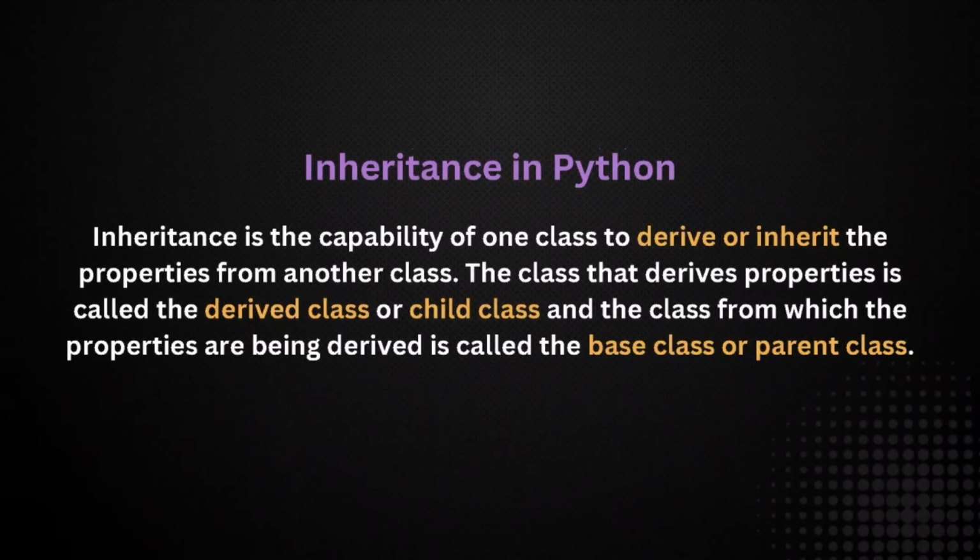Now let's talk about the first pillar of OOP, which is inheritance. Inheritance is the capability of one class to derive or inherit properties from another class. The class that derives the properties is called a derived class or a child class, and the class from which the properties are derived is called the base class or a parent class.